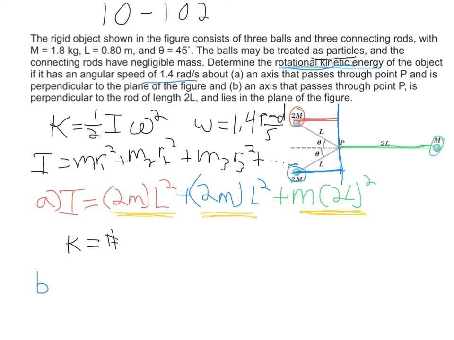Okay, so what we're going to observe then, if this angle is theta here, is that the distance for both of these is going to be L times the cosine.